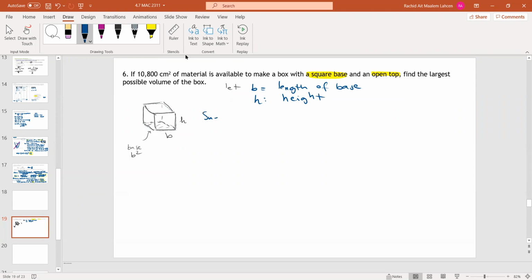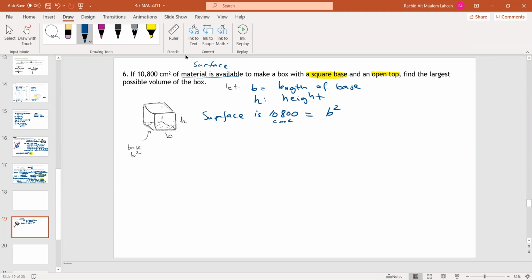The surface here is going to be, because the material available, that's the total surface area that we're going to use, 10,800 centimeters squared. And this is going to come from the base, which is B squared, right?